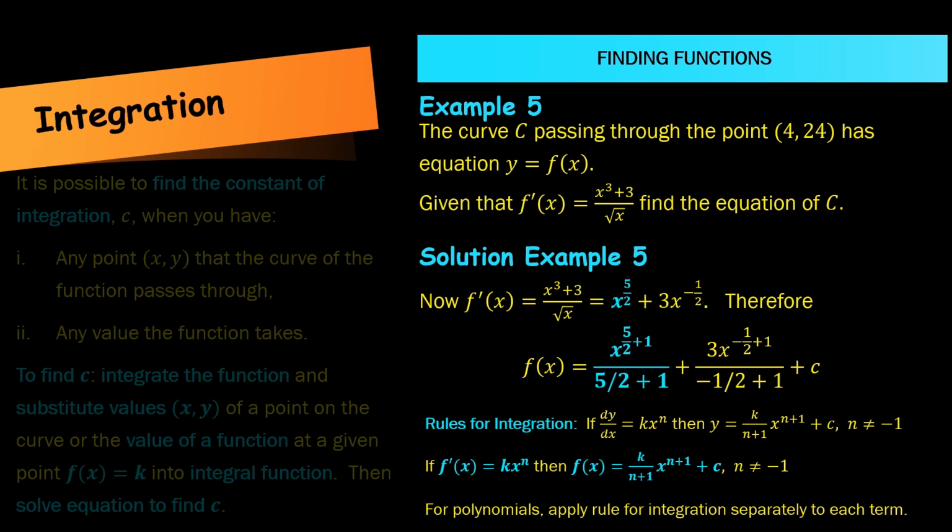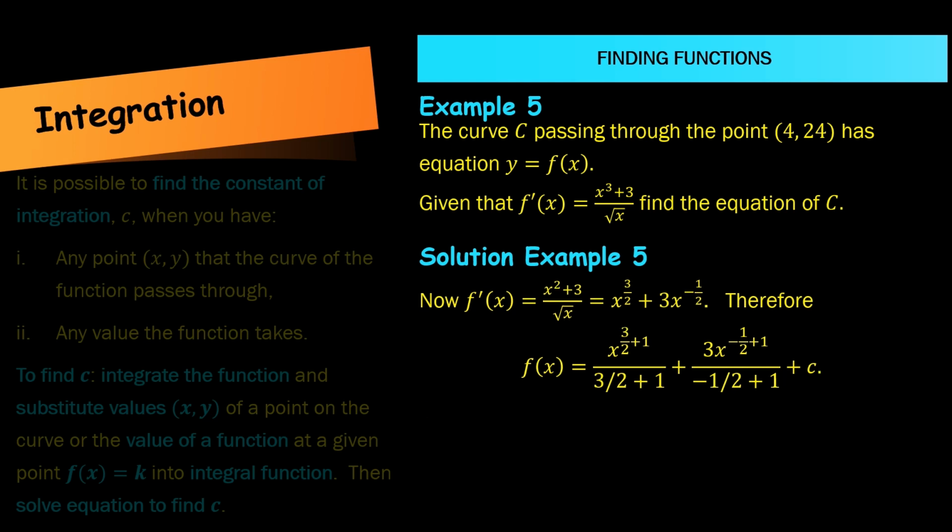And similarly for the second term, 3 times x to the power minus a half plus 1 divided by minus a half plus 1 plus c. And then tidying up gives us 2 over 5 x to the power 5 over 2 plus 6x to the power half plus c.